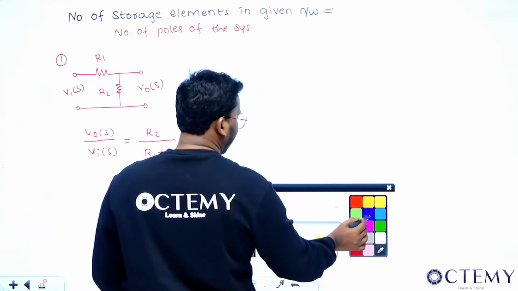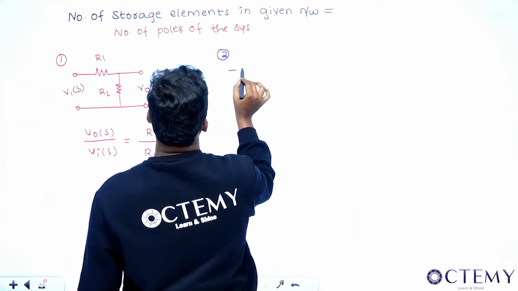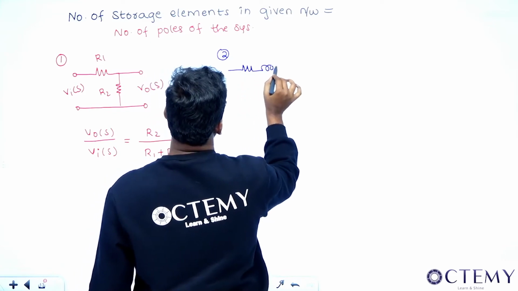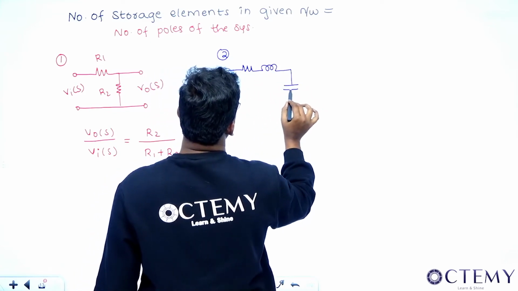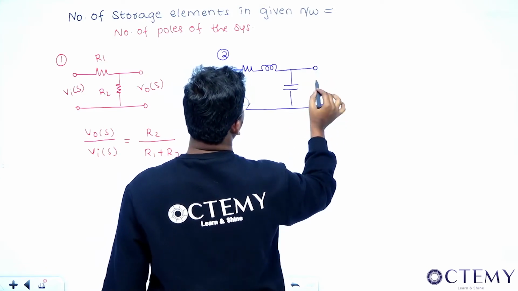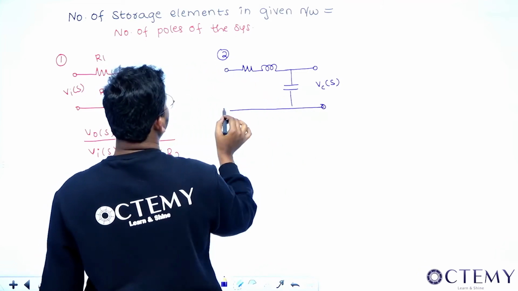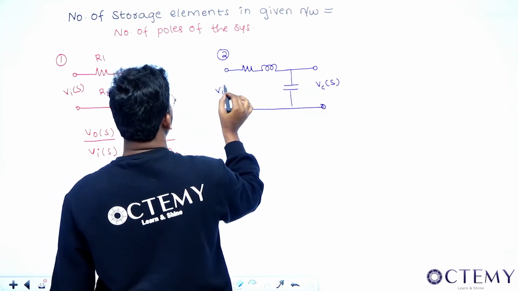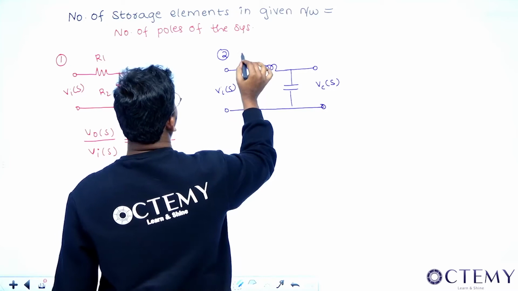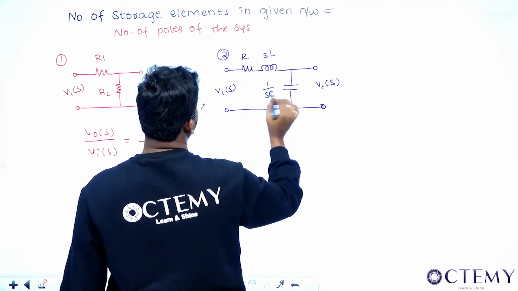If I show you a second question, it is like this, sir. Say your output is VC of S and say your input is VI of S. This is your R, this is SL, this is 1 by SC, right?